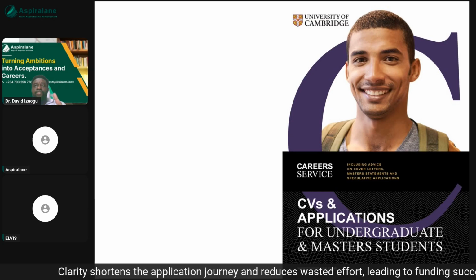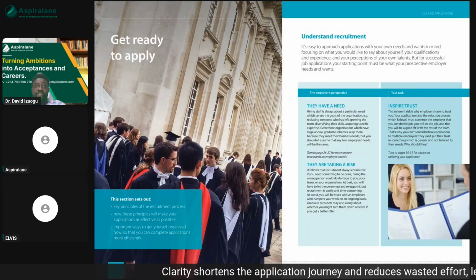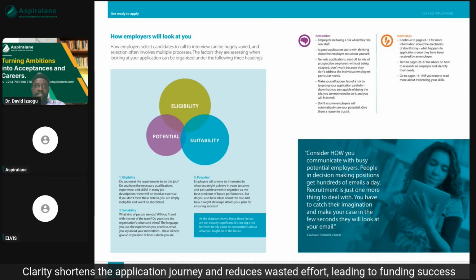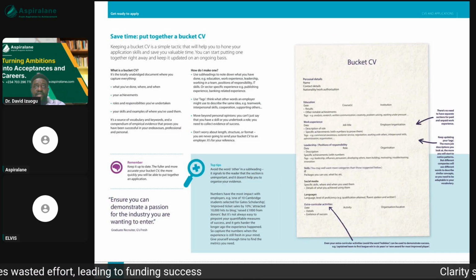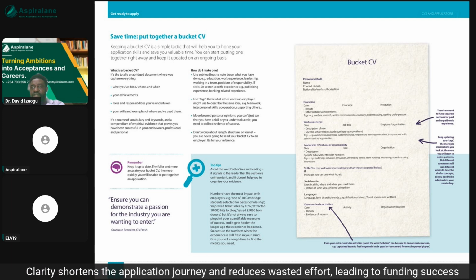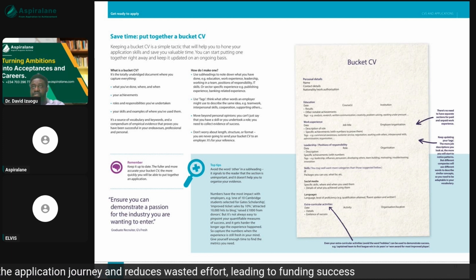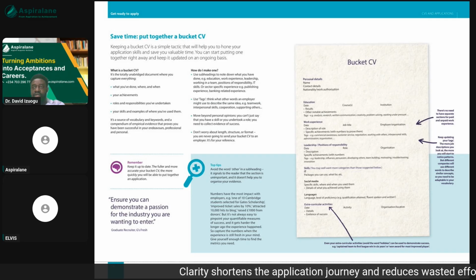Okay. Did you see this particular CV guide? If you go to this Cambridge CV guide, you'll be able to see a couple of CVs that have been explained here. Your bucket CV, which is the one we call the master CV, and how you could potentially draft things: your education, work experience, leadership, positions of responsibility, your skills, languages, extracurriculars.